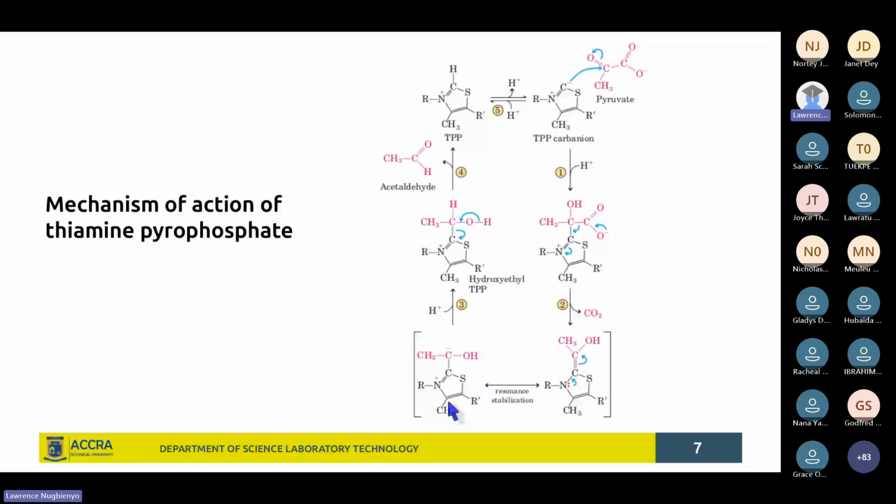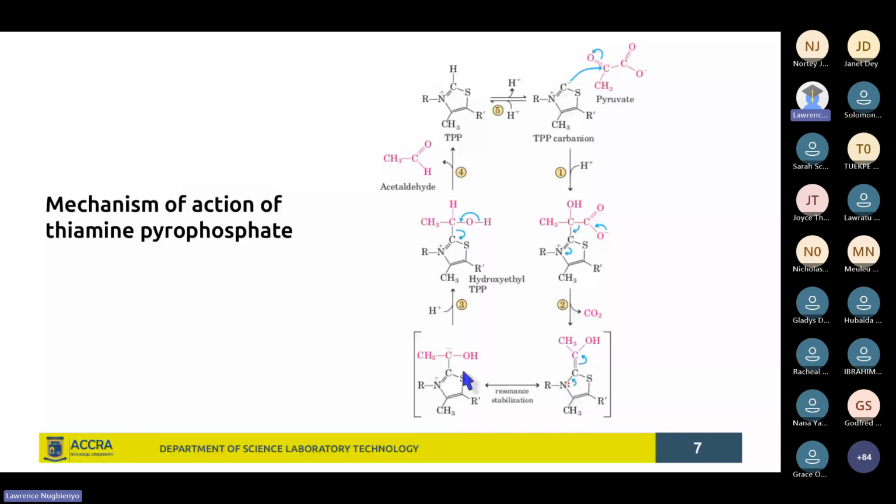Either you are having a CH3, COH, and you have the carbon forming a double bond with the coenzyme, or you are having the carbon forming a single bond with the coenzyme, but that carbon is carrying a negative charge. So these are resonance forms, like some isomeric forms of these. These are unstable.